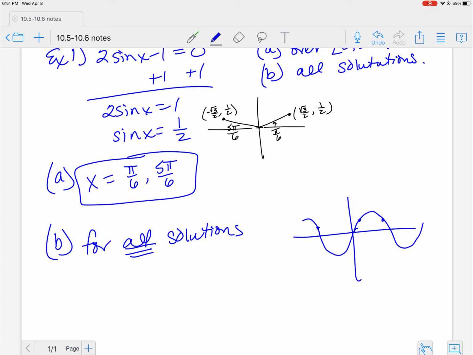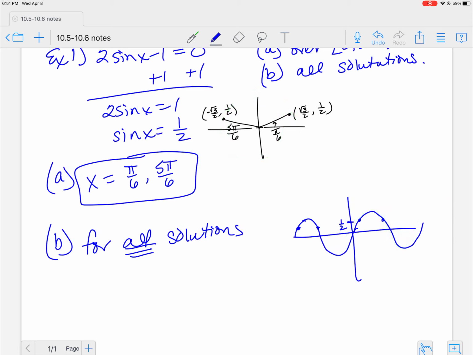So for part B, for all solutions, what I'm actually looking at is, for this sine function that's coming around here, everywhere it's going, I'm going to hit 1/2. I'm hitting this every single time as I'm going around. Everywhere that y is positive, bam, bam, bam, over and over and over again.